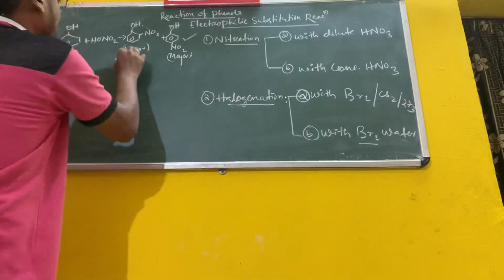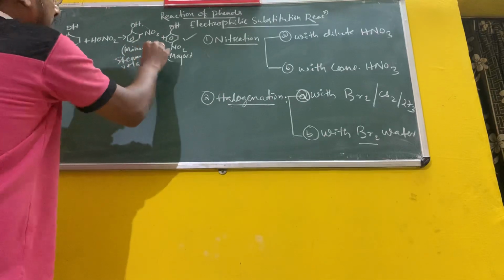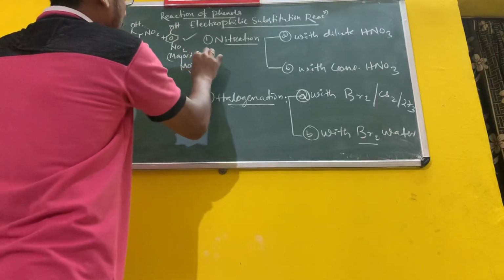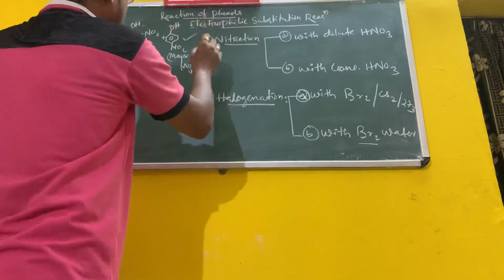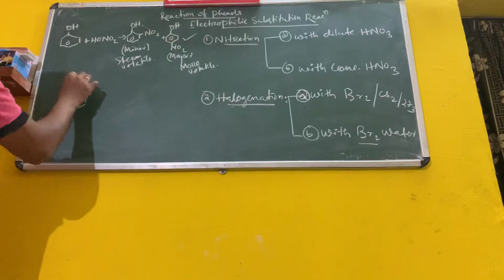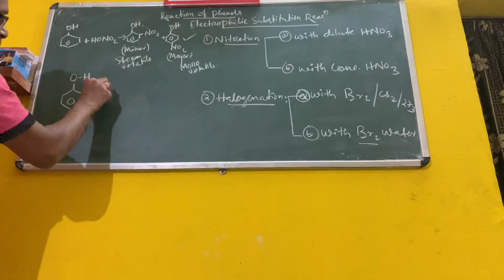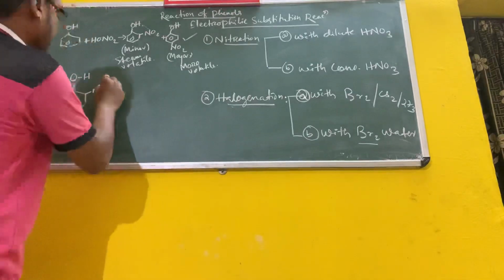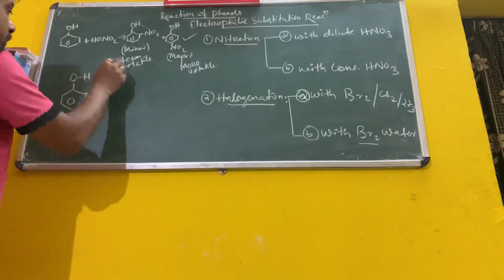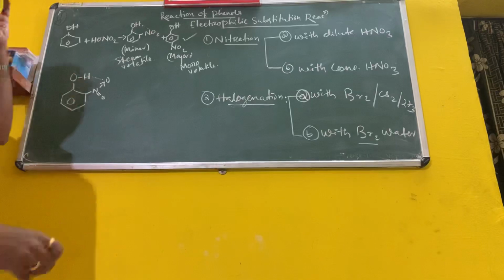So orthonitrophenol is steam volatile and more volatile. You see, this one is OH and N double bonded to O, I am expanding NO2. Then this one is positive and negative, and the attraction force between the hydrogen and oxygen is the hydrogen bond.